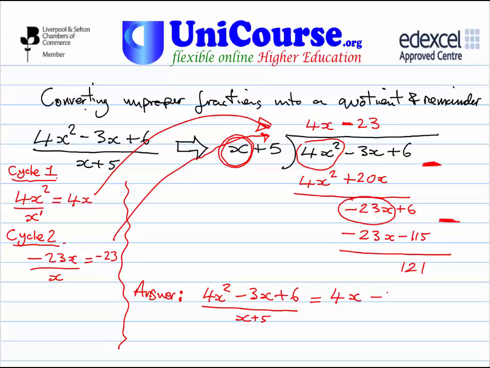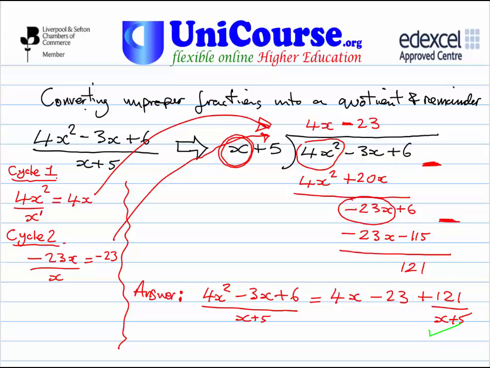And we have something left over. We have this 121 left over. That's positive, so 121. And it fits over this initial x plus 5 term over here. Okay. And what we're saying is that is the correct answer.